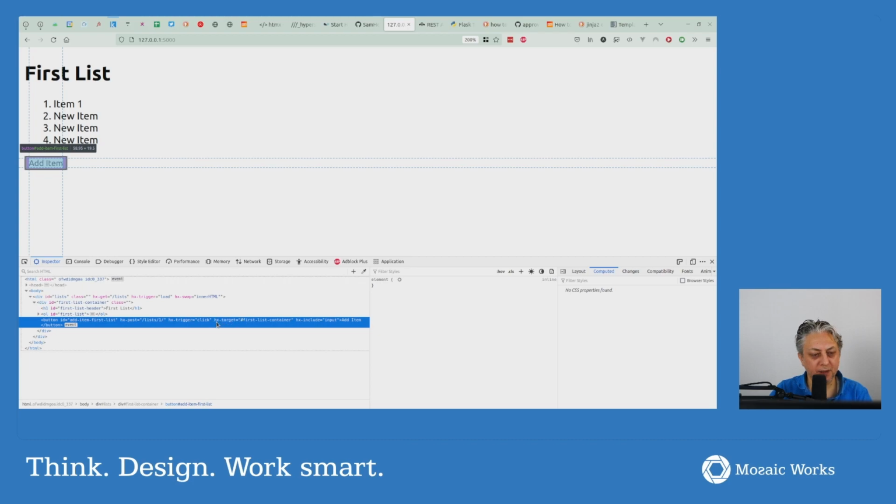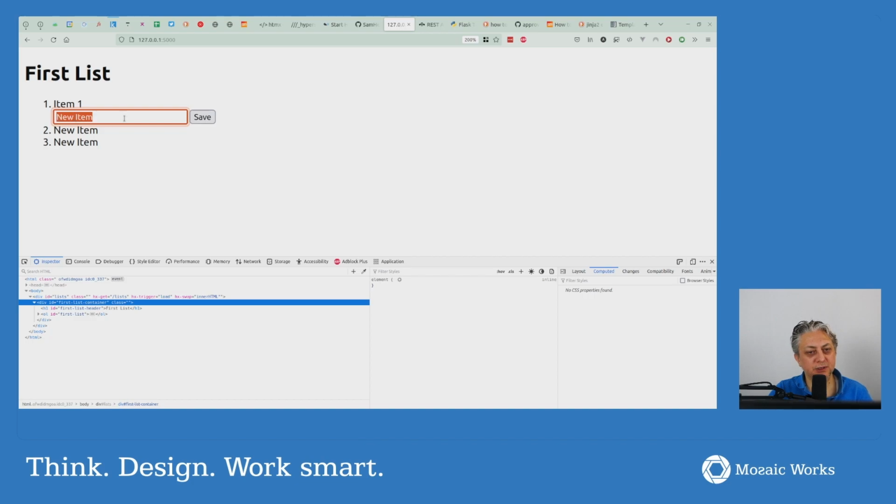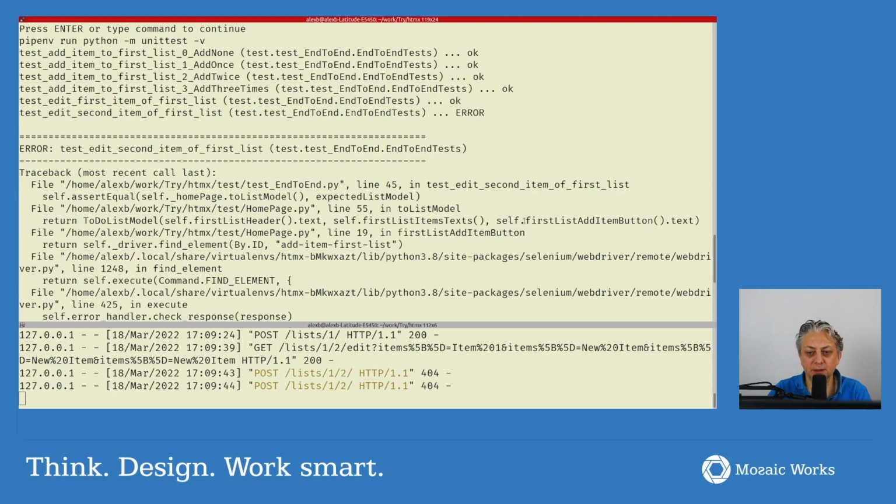Oh, add item first list. Yeah. You can see that now it's working. It's not saving apparently because we haven't done. Maybe that's the problem, but how? Yes, I'm seriously considering writing some tests that are actually working on the API instead of working on these things. On the end-to-end. That would help.